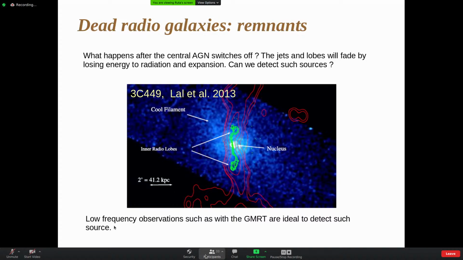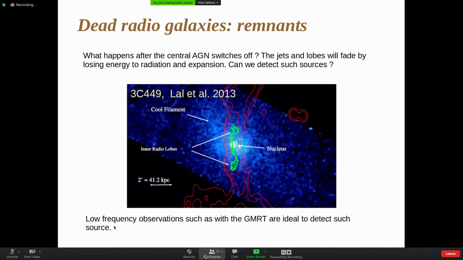This has been observed: a radio galaxy has been proposed to be passing through a shock, and a portion of the lobes has even undergone reacceleration. One would expect that the core and the jets have a spectral index which is mostly flat because it is being continuously fed, and it will gradually steepen as you go away from the core.